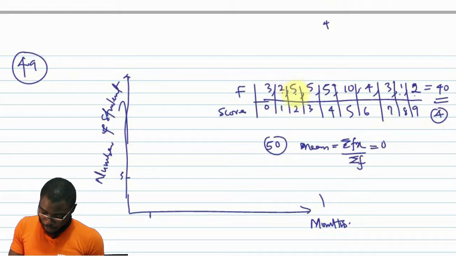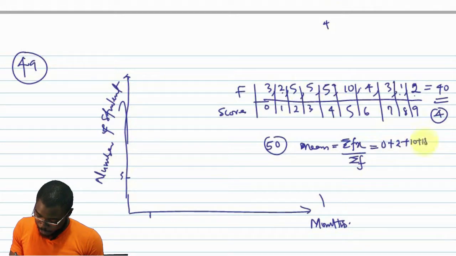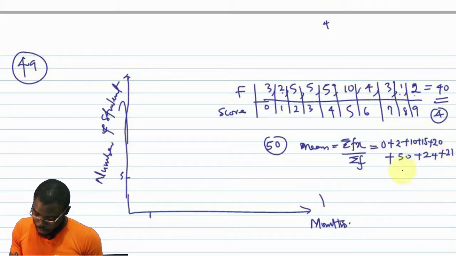This is 10. So you have plus 2 plus 10 plus 15 plus 20 plus 50 plus 24. 4 times 6 is 24, plus 21 plus 8 plus 18, all divided by 40.